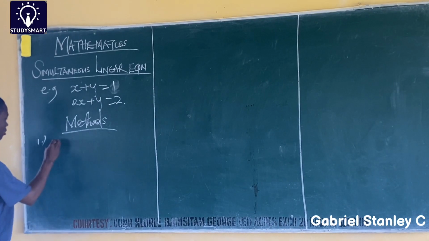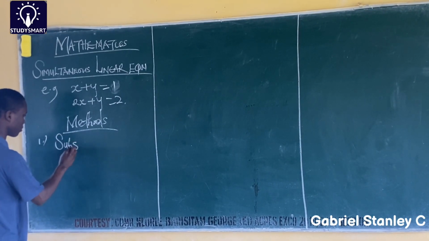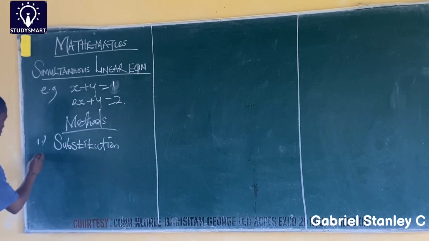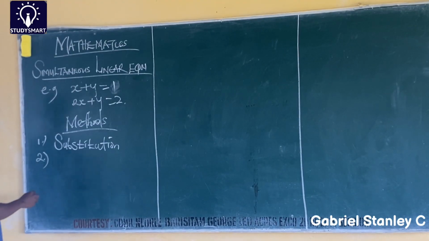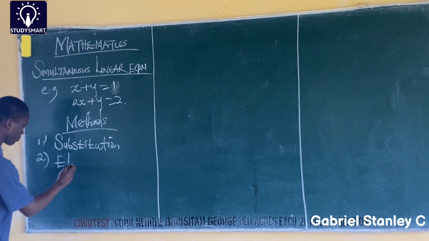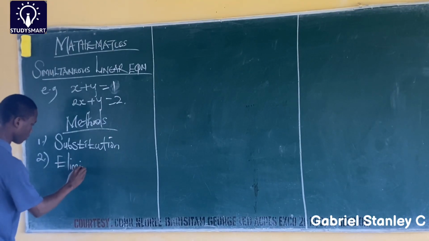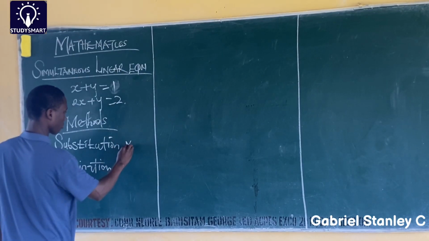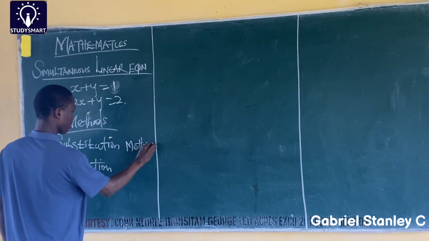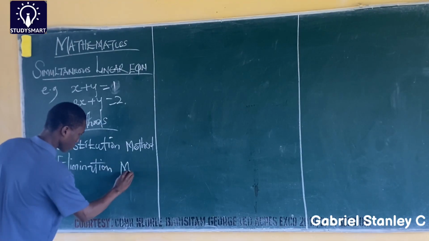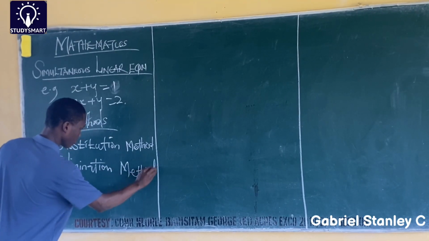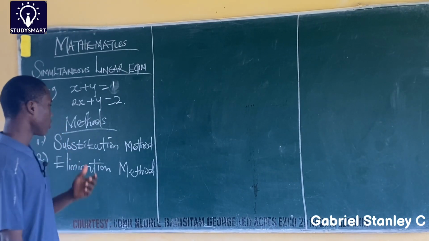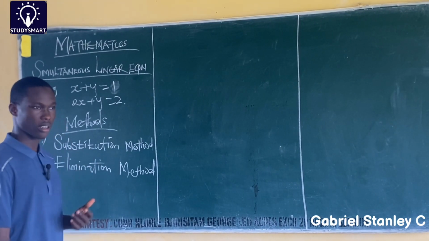The first one I call the substitution method, and the second one is the elimination method. These are the two major methods you can use to solve a simultaneous linear equation.